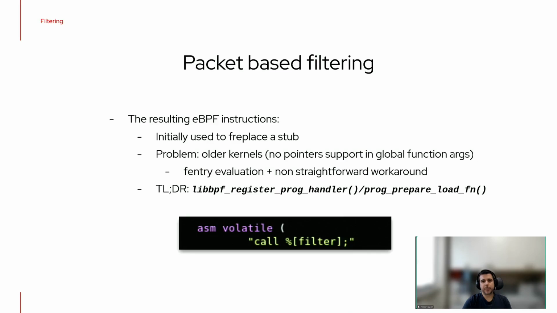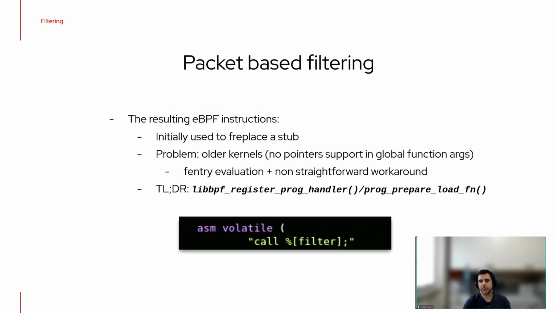Given the resulting eBPF filter, our first iteration approached the filter insertion by extending our programs, replacing a stub, just like we do with hooks. But we then hit a problem. We had to deal with an older kernel and pointer arguments to non-context data and global functions. We considered potential workarounds, but we were also considering f-entry adoption as an alternative to kprobes.